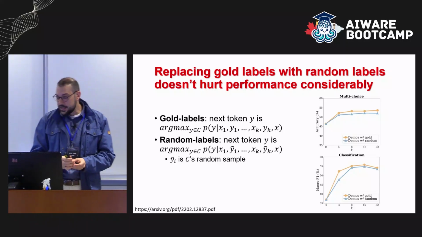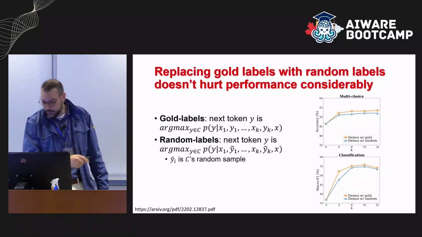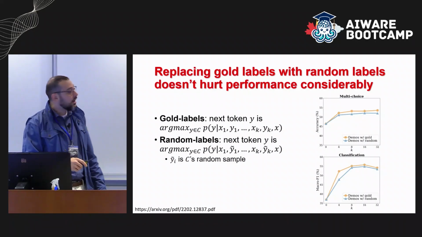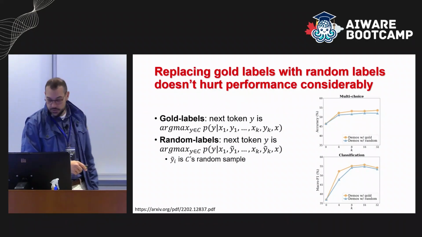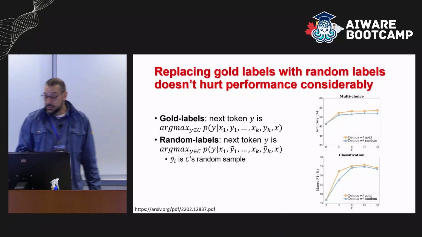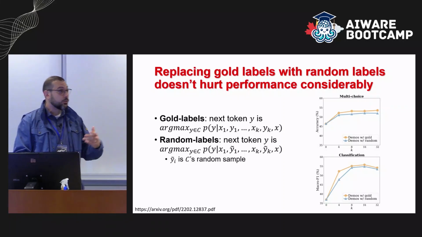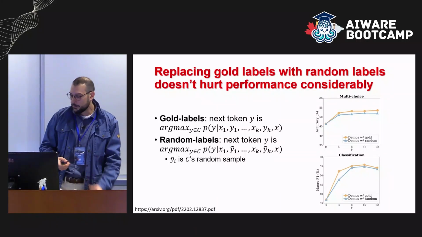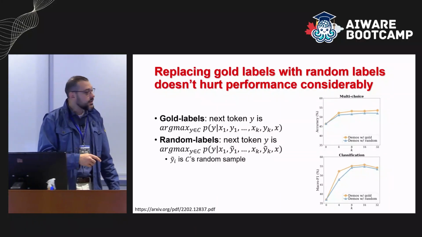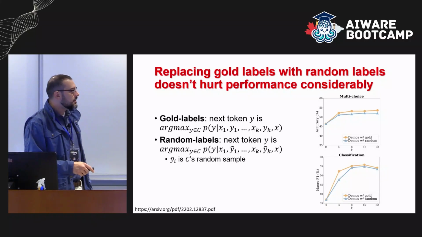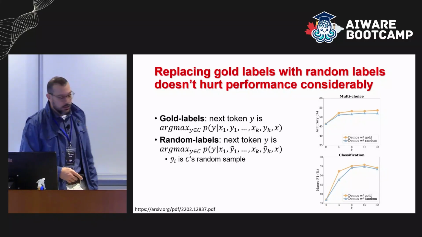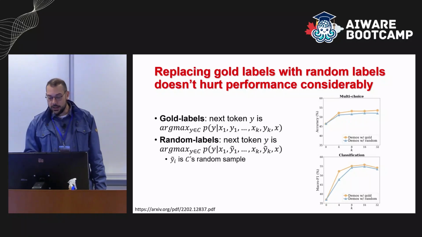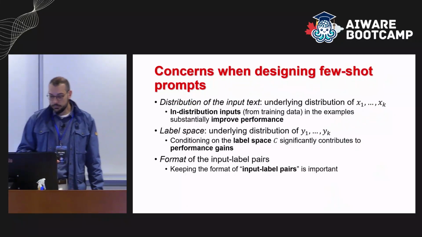As you can see here, we also have accuracy, and K is the number of few-shot examples. And if you use a random label or a gold label, the difference is not that big, both for a multi-choice task and a classification task. There's not a big difference, especially when you give more examples.